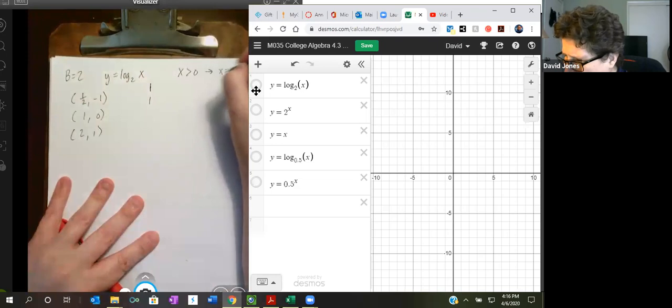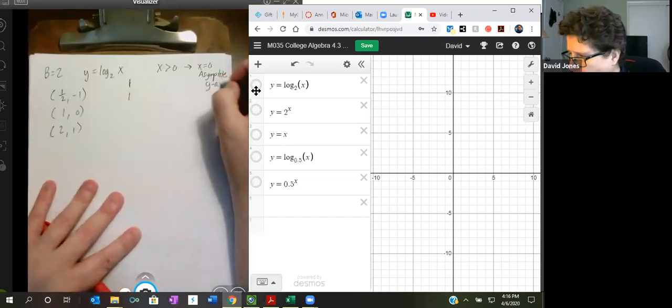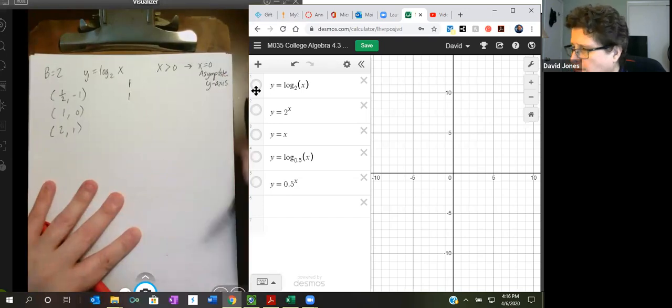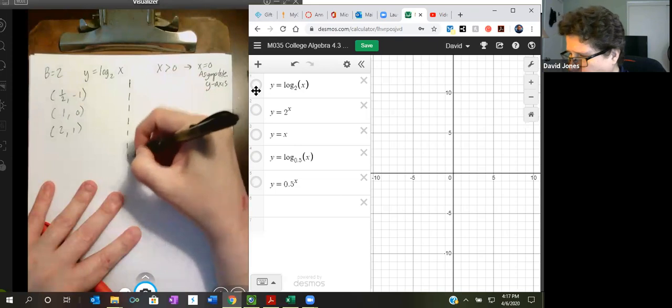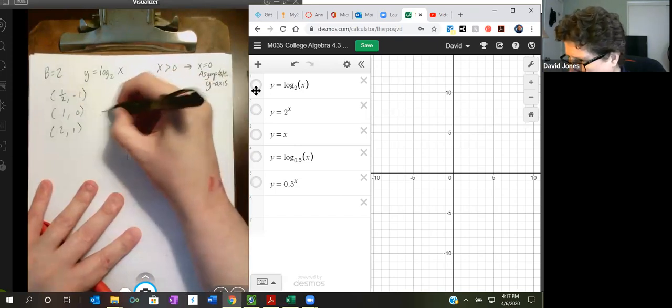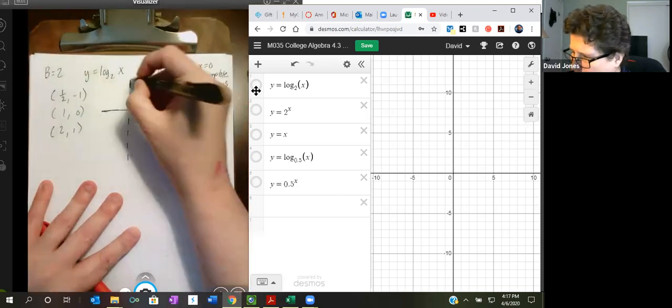That makes x equals 0 an asymptote, and that's our y-axis. So that's why I'm making a dotted line right here. Our x-axis is fine.